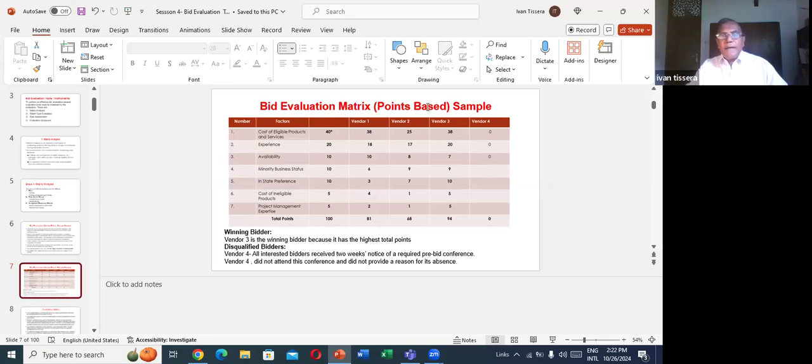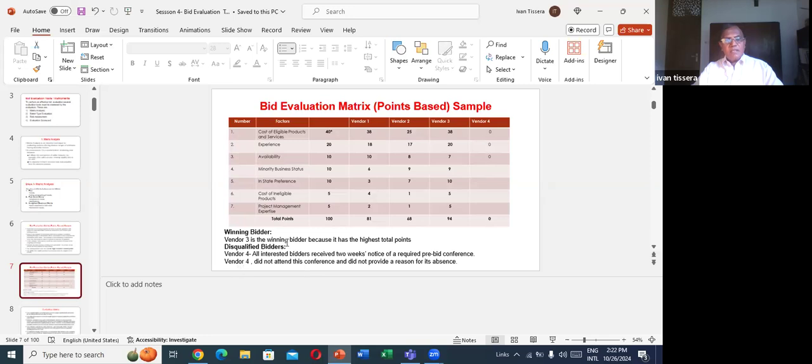So they must have some budget. Based on the budget, they have given 38 marks, the maximum, for vendor 1, and vendor 2 has the minimum mark because their cost may be high. Vendor 4 is given 0.